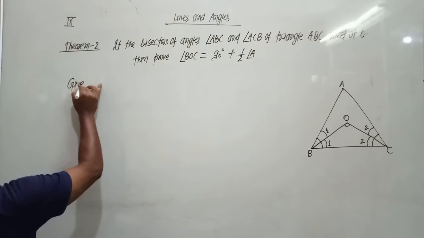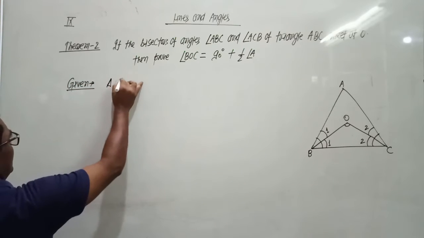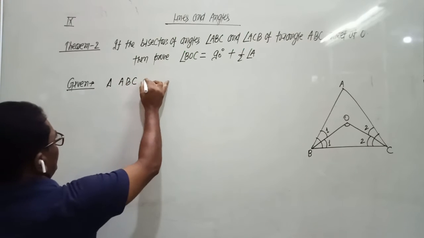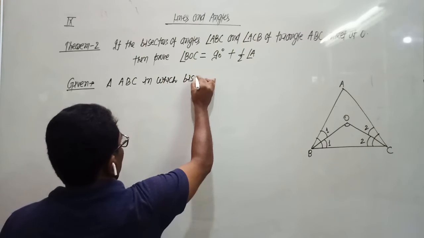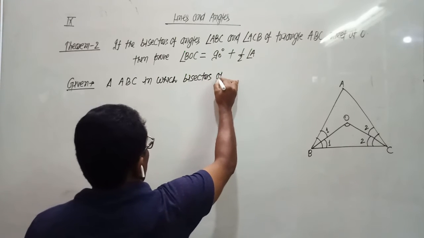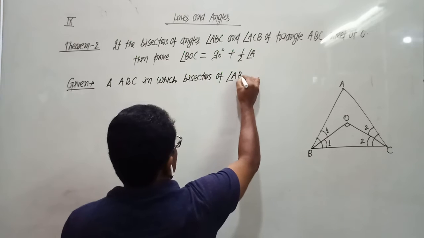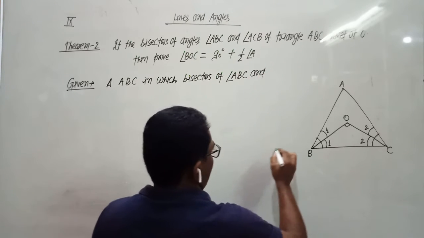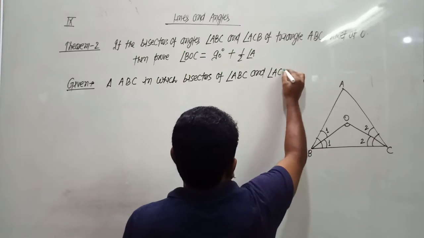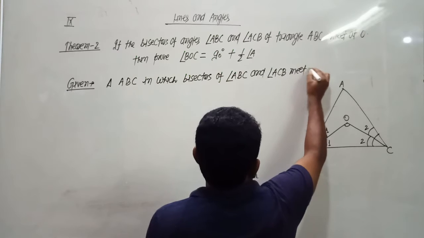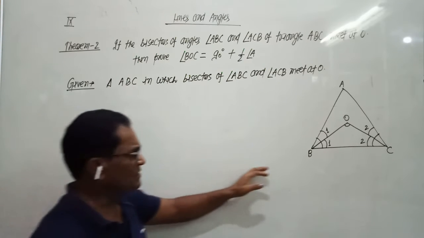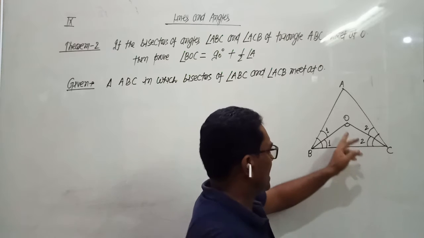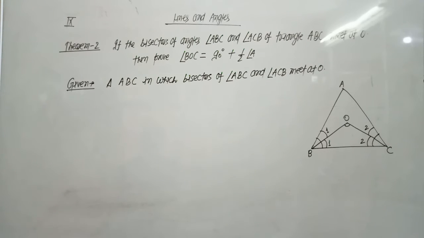Given: triangle ABC in which bisectors of angle ABC and angle ACB meet at O. Then to prove, what do we have to prove?